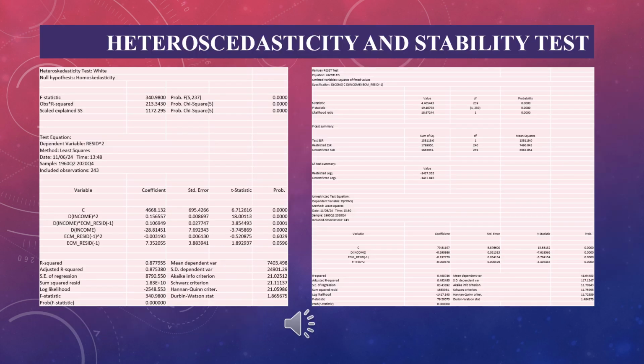Following that is the Ramsey RESET test for misspecification, which does indicate this model might be afflicted with some form of misspecification, and that perhaps with other variables or nonlinear terms, one might achieve a better explanation of variation in this consumption series.